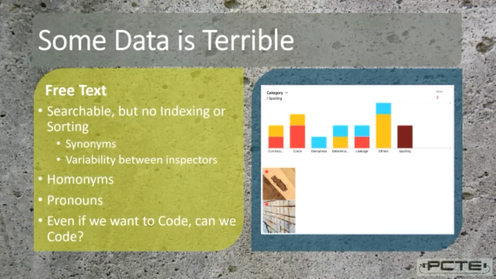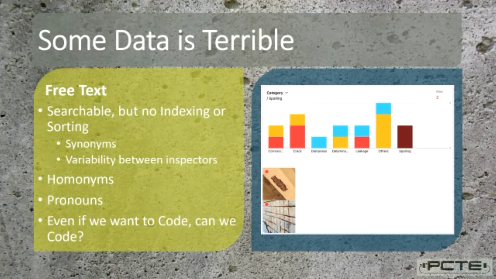But there's so many little things that go wrong with free text fields. You can search them for individual words, but we can't index or sort them because they're too information dense. We can't say show us every description of a crack width because it could be written as crack width. We could infer it's crack width by the inspector writing width 2 millimeters, or it's 2 millimeters.